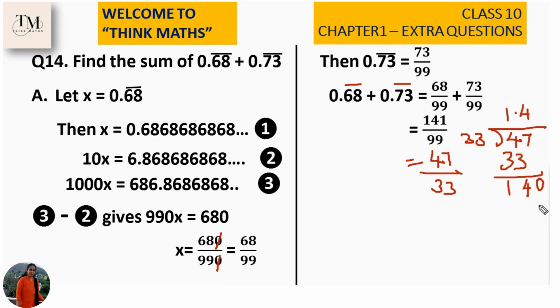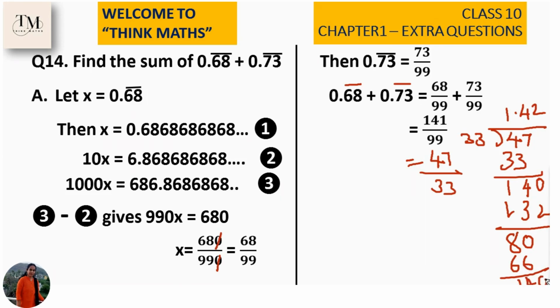So 4 3s are 12, balance 1, 4 3s are 12, 132. So 140 minus 132 is 8. So I add a 0. I think this goes 6 times. No, it goes 2 times. 2 into 33 is 66.